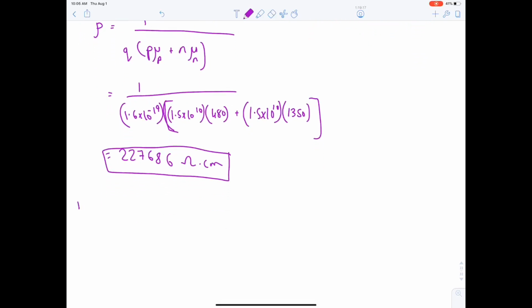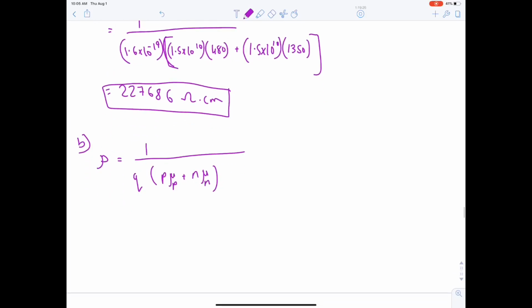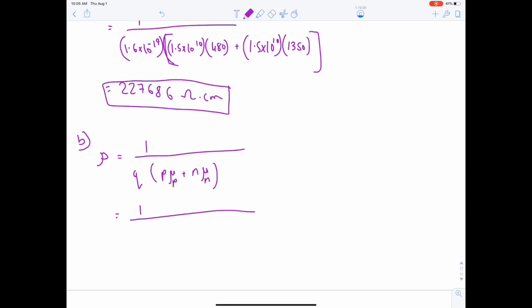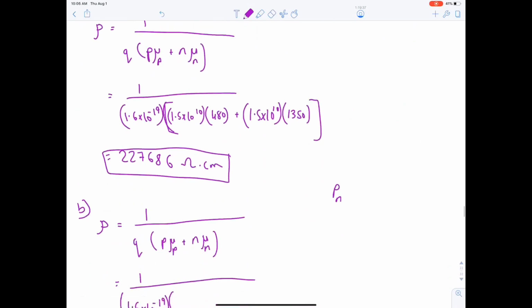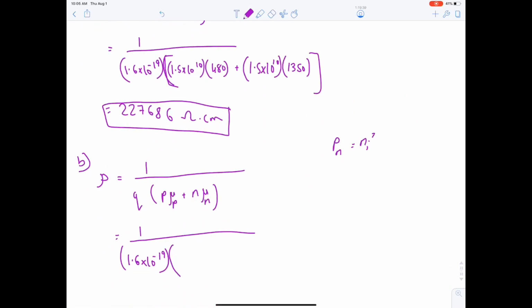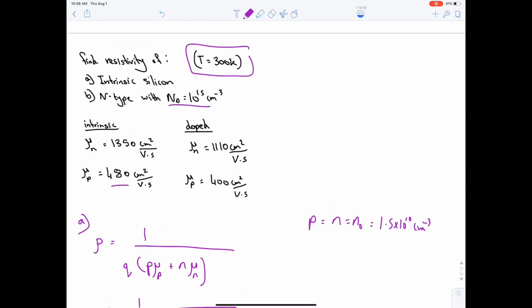Okay, for part B, rho is equal to 1 over Q (P mu P plus N mu N). Q is 1.6 times 10 to the minus 19. Because we're finding P in N type, it's Ni squared divided by Nd, so it will be 1.5 times 10 to the power of 10 squared divided by Nd, which is 10 to the power of 15.